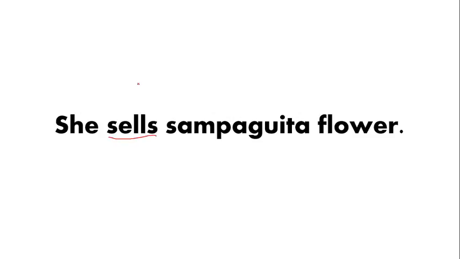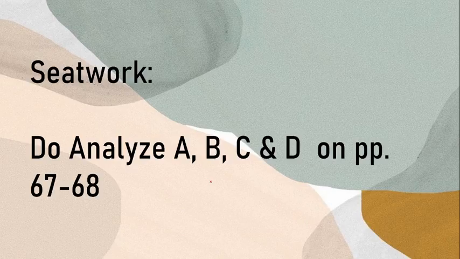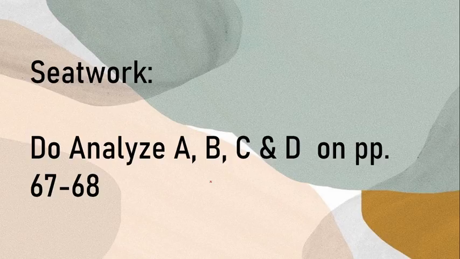And do we have a direct object here? Very good. It is the sampaguita flower. Which makes this verb as what? Transitive verb. So that is our lesson for today. As for your seat work, I want you to analyze A, B, C, and D on pages 67 to 68.